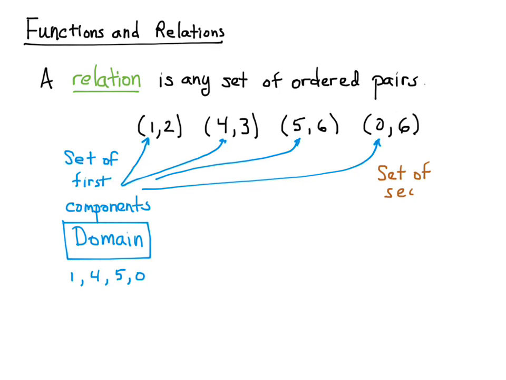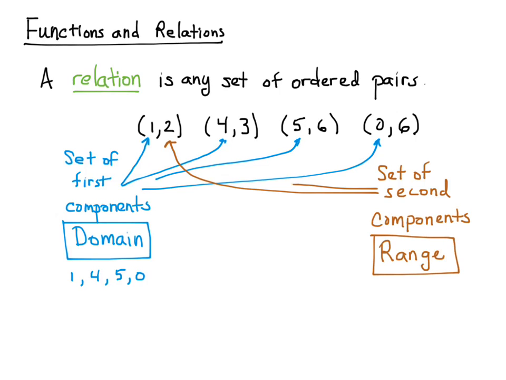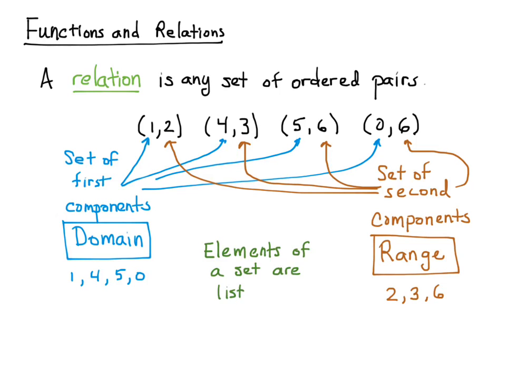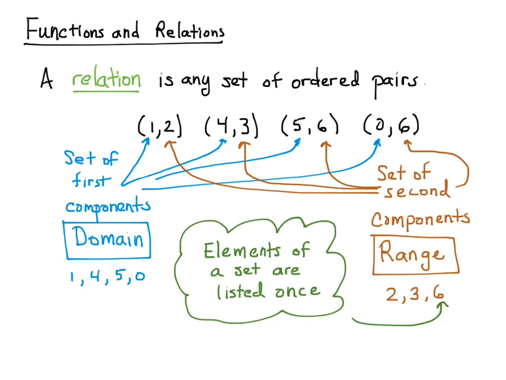The set of these output numbers, so to speak, is the range. The thing to remember is that these are elements of a set, and they're listed once. So 1 is associated with 2, 4 is associated with 3, 5 is associated with 6, and 0 is associated with 6 as well.